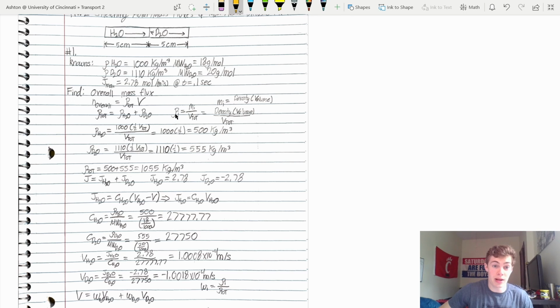And we also know that our mass concentration of some component, let's call it, say, component i, for example, is equal to our mass of that component over our total volume. So we can also simplify this further since we know two things. We know its molecular weight and we know its density.